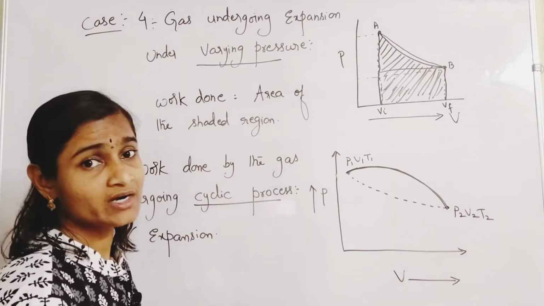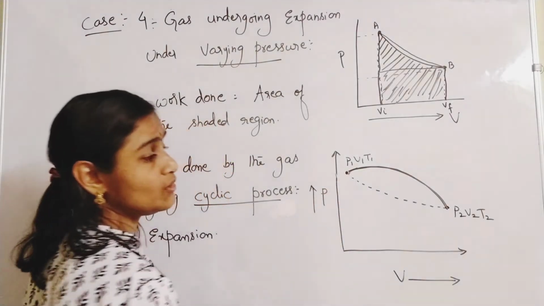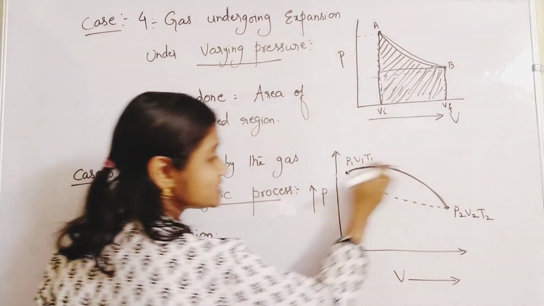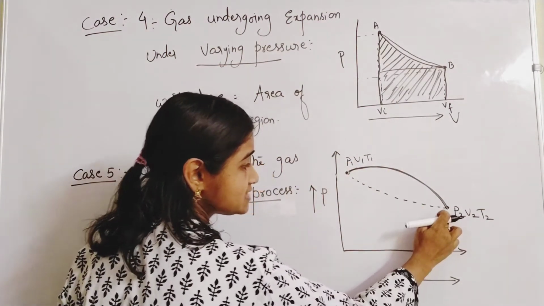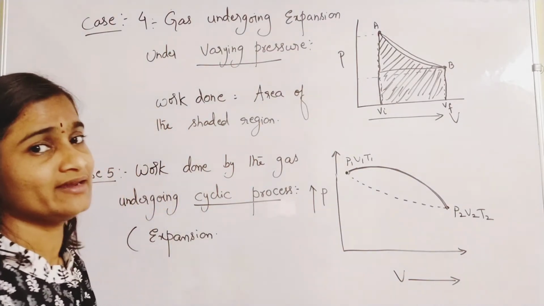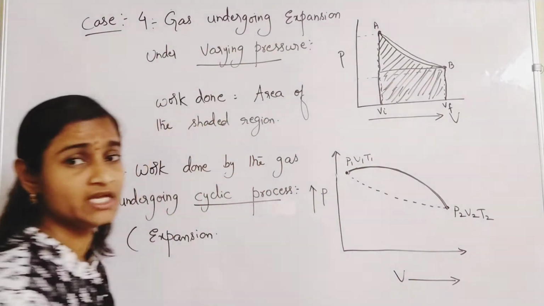The actual curve is this. Two cases if you consider P1, V1, T1 and P2, V2, T2.